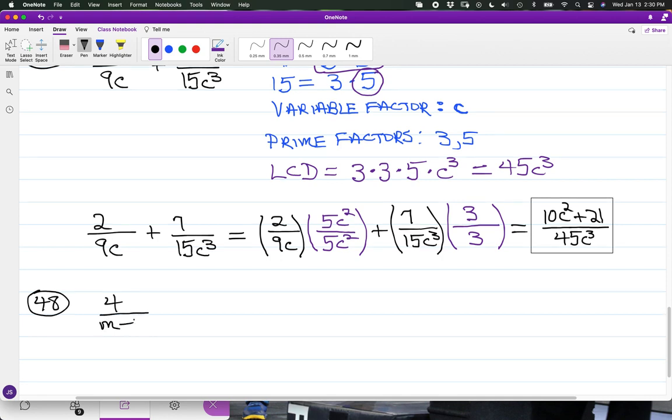We have 4 over m minus 2 minus 3 over m. The least common denominator will be the product of m and m minus 2. So you have m, its only standalone m factor, and then we have the binomial m minus 2.